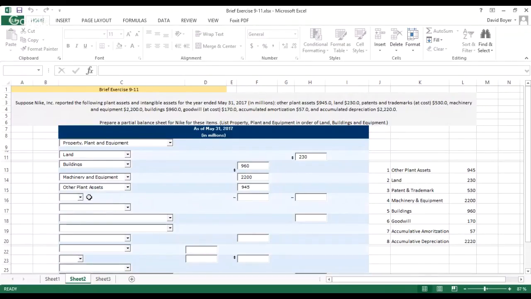Now, this is kind of messed up. I don't know if you can see this or not, but the idea was to have these side by side, but it didn't quite work out that way. So this is actually going to be the less, and this is going to be the accumulated depreciation for our tangible assets, the buildings, the machinery and equipment, and other plant assets.